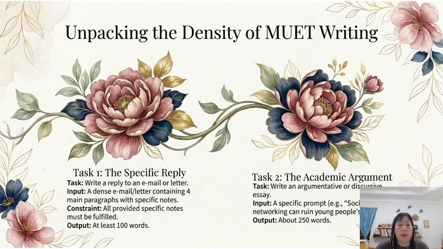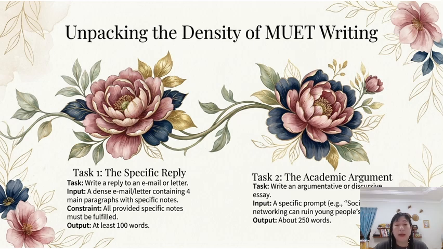In order to reply, the students must make use of these specific notes to fulfill the task. Students have to write for about 100 words, but usually they would write more than that. Again, there is no penalty for writing more than 100 words.